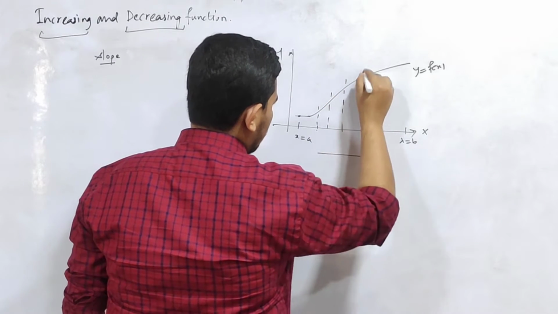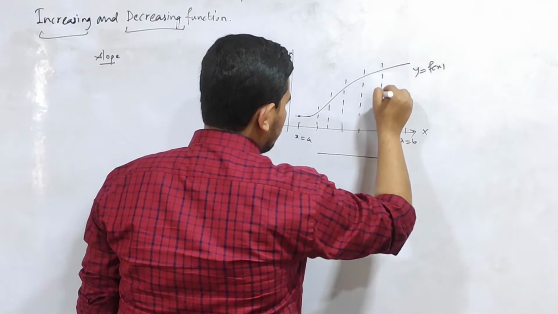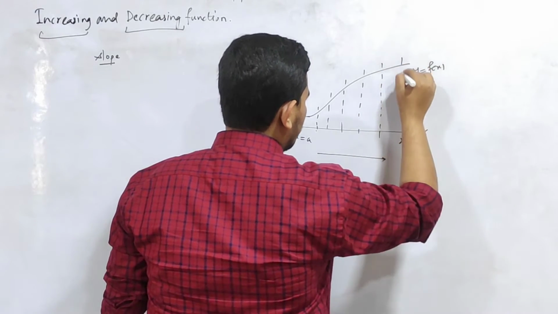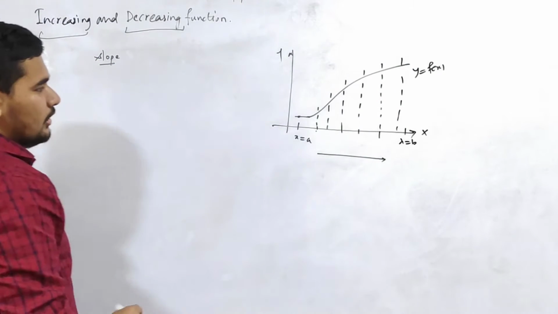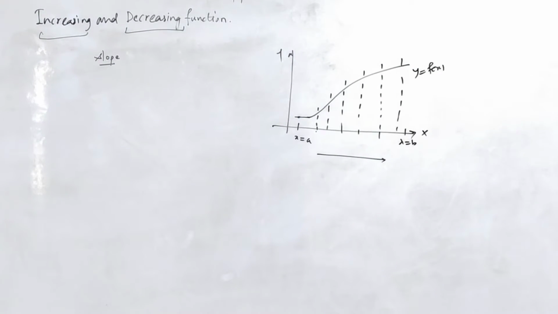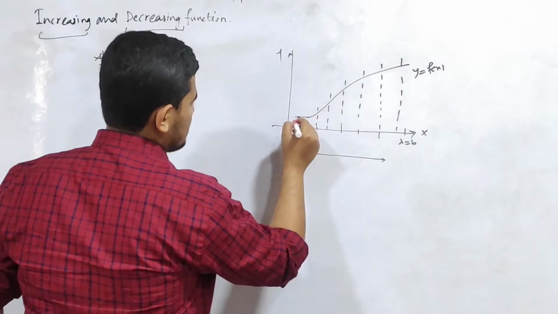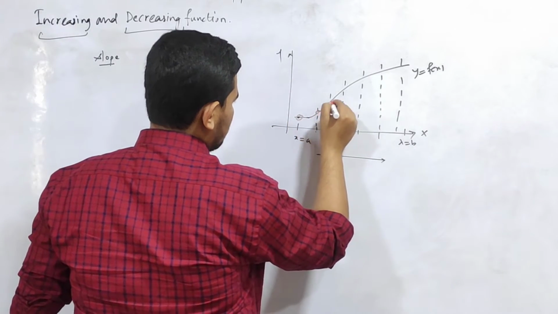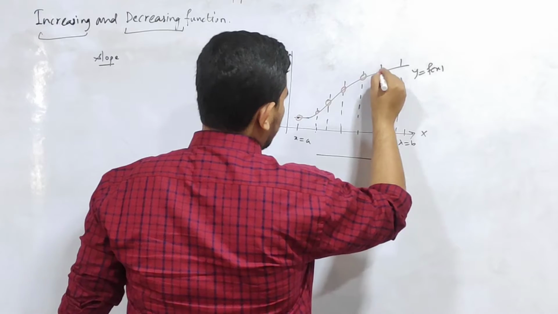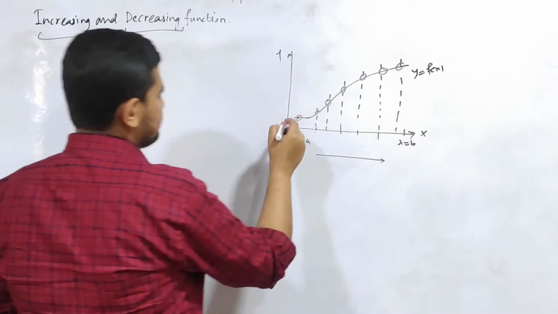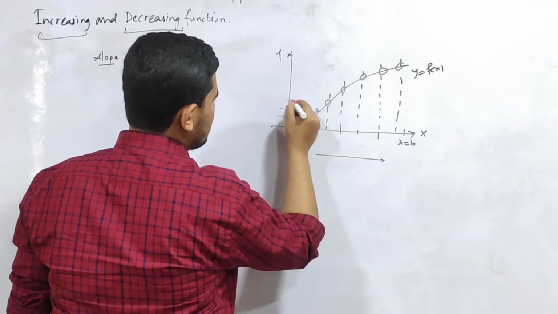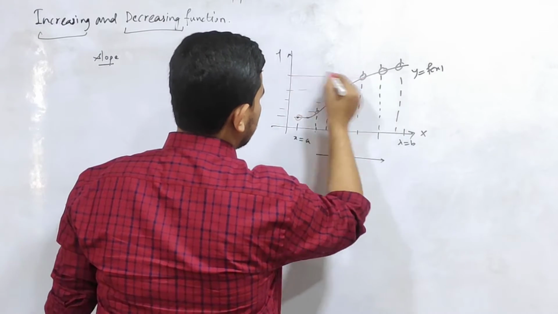I am moving from x equal to a to x equal to b, and you can see that this line will always cut the curve at some point. If you see these red circles, these points are always denoting the increase of functional value.